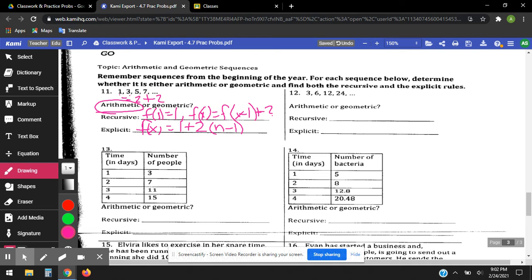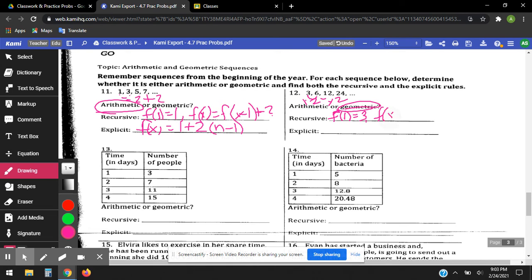All right, so this one seems to be a times 2. So that's geometric. Okay, recursive is f of 1. I'm going to start with my first term. F of 1 equals 3.